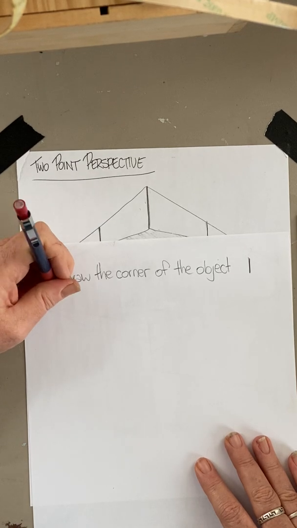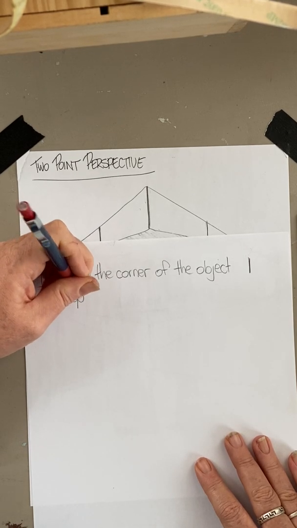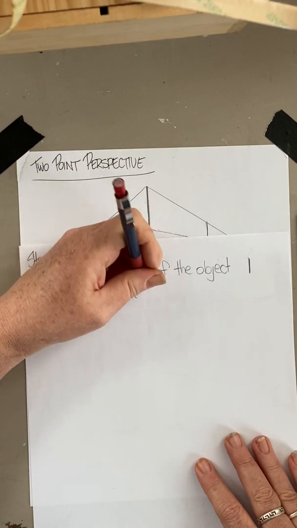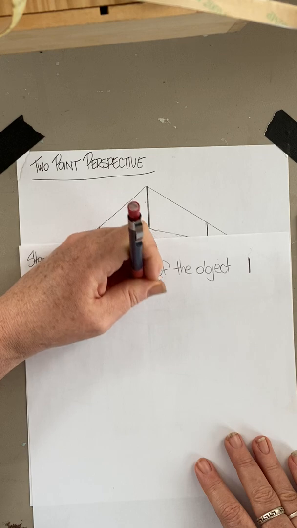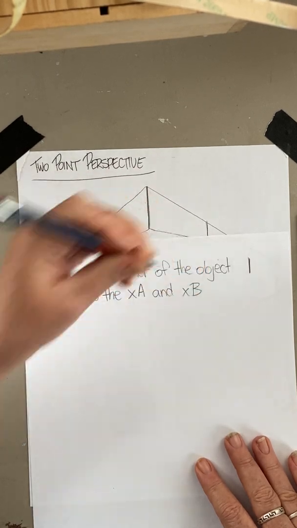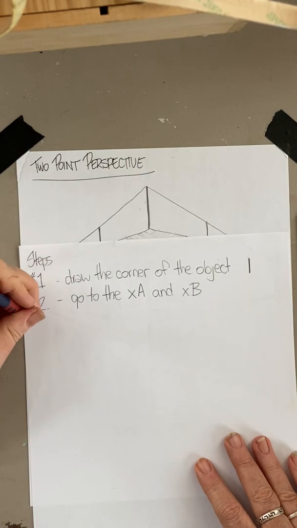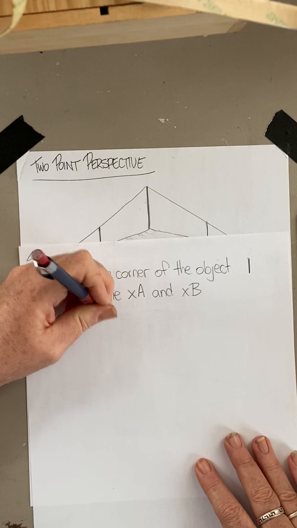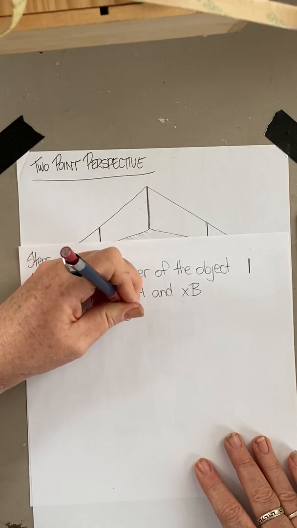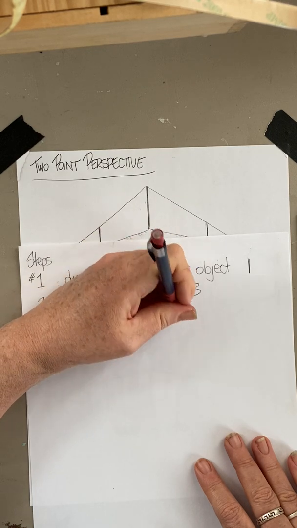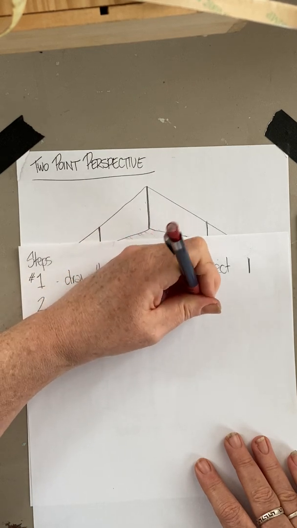Step number 2, go to the X. So you need to go to A and to B. Step number 3, cut off the sides.